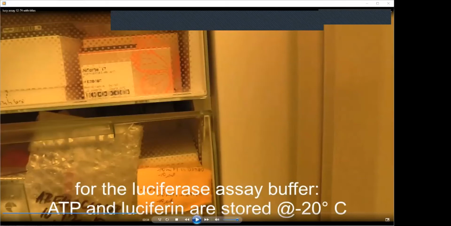So the luciferase assay needs ATP and luciferin. These are prepared as aliquots and stored at -20 degrees. Always use a fresh aliquot because the activity of these two reagents depends on it. And if you thaw them several times, they will lose activity.